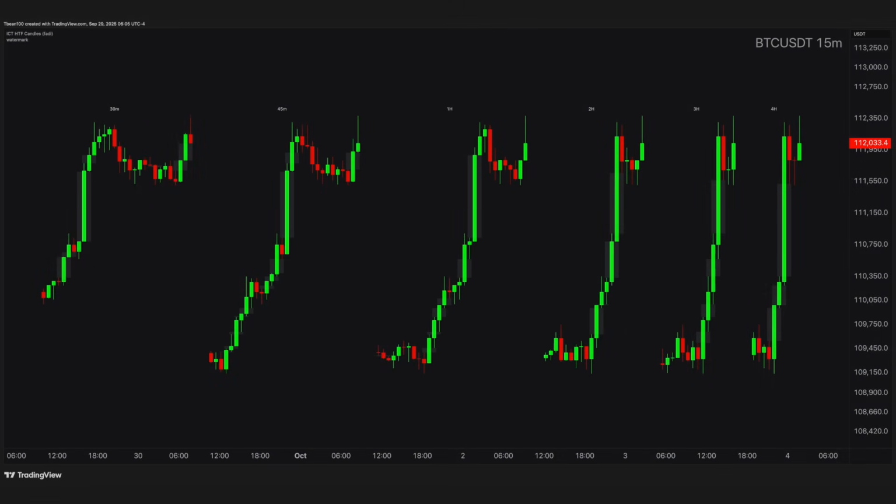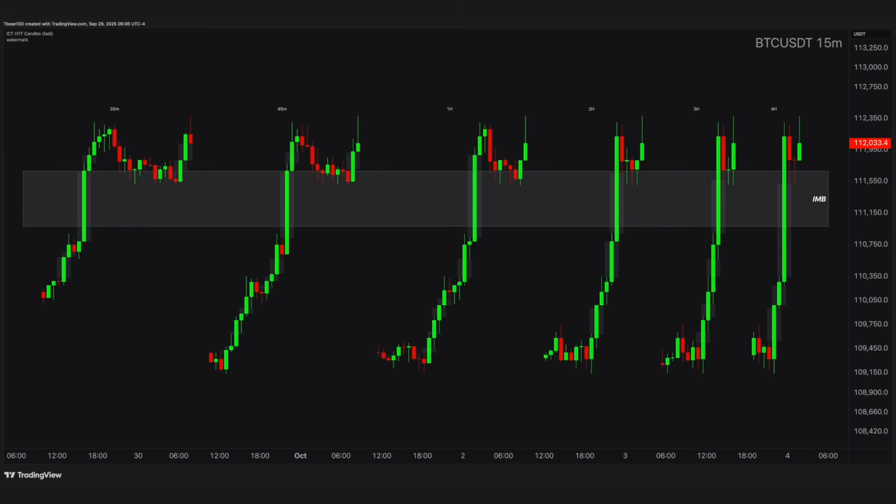Let's take a look at this interesting Bitcoin setup and talk about how we can approach taking better trades. First of all, you can clearly see that the price pulled back into this big imbalance zone, actually tapping into 6 different imbalances altogether. Now, at first glance, it looks like several swing failure patterns showed up.